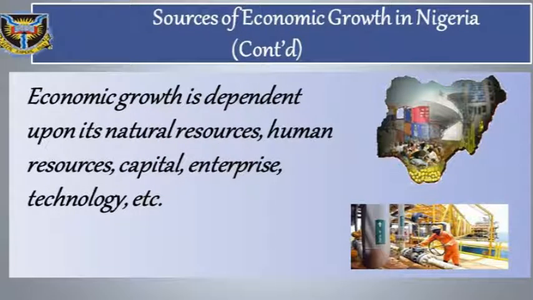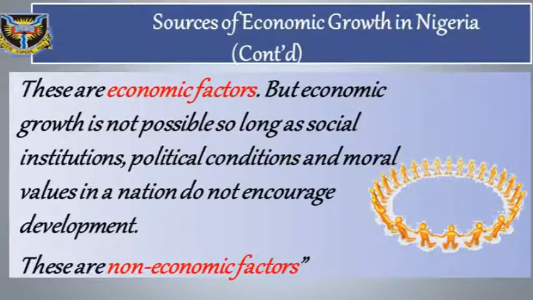Economic growth is dependent upon natural resources, human resources, capital, enterprise, technology, etc. These are economic factors. But economic growth is not possible so long as social institutions, political conditions, and moral values in a nation do not encourage development. These are non-economic factors.